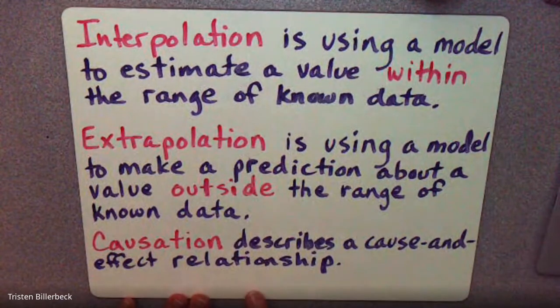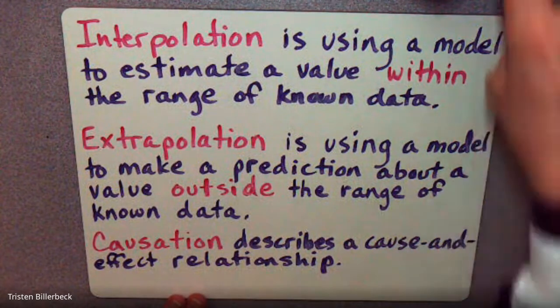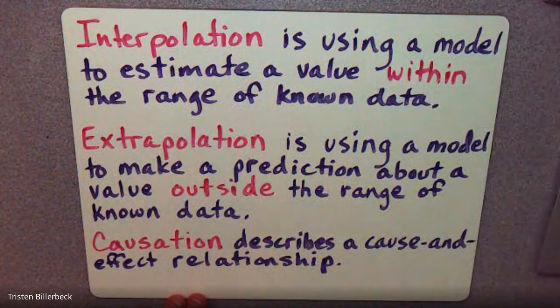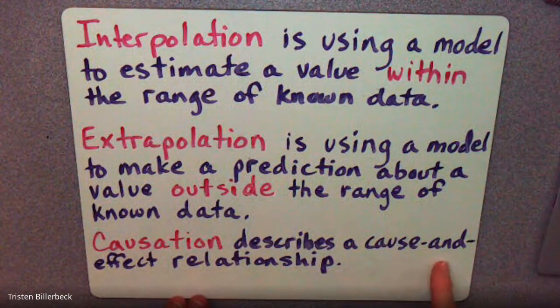So causation is a very important thing. We can use numbers and statistics to pretty much support anything we want to, if we're clever enough. Causation describes a cause and effect relationship.